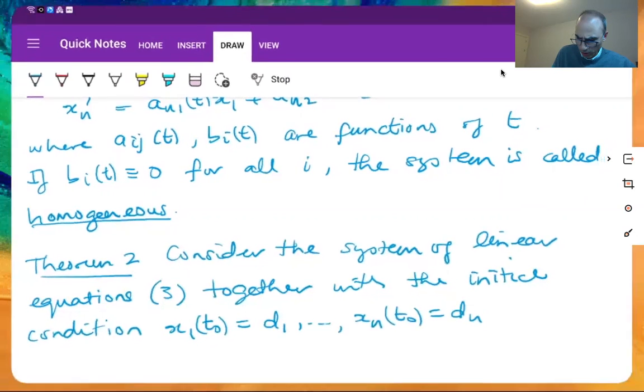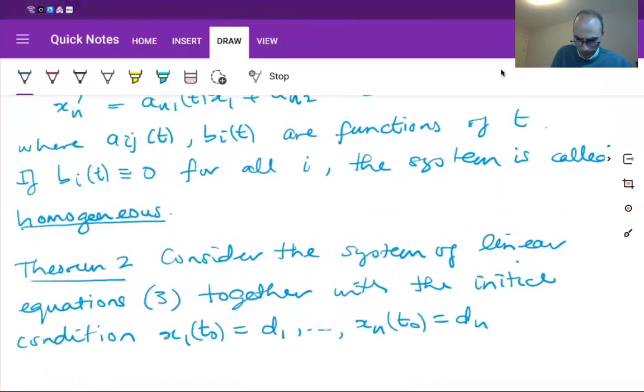To refer to these initial conditions, let me call them 4.